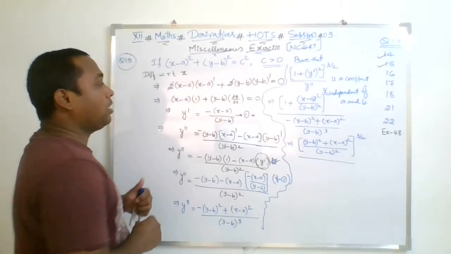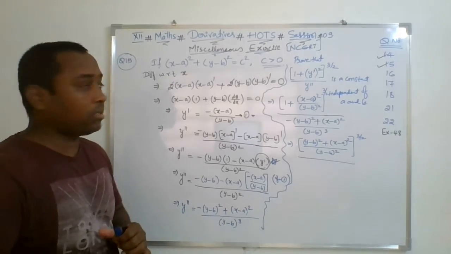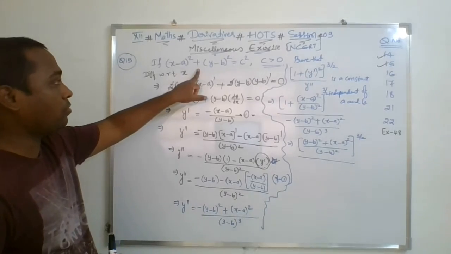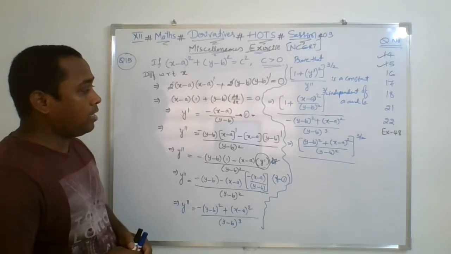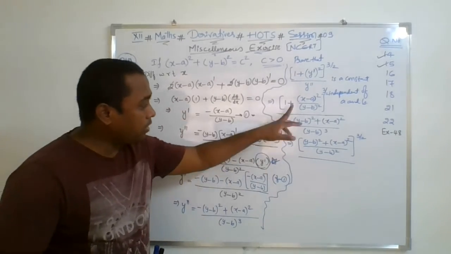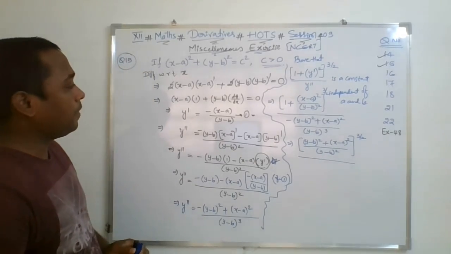I think there is a change in the question. Definitely, it would be like (x minus a) whole square minus (y minus b) whole square is equal to c square, then only it would be reducible. Otherwise, it seems impossible to reduce the expression, right?